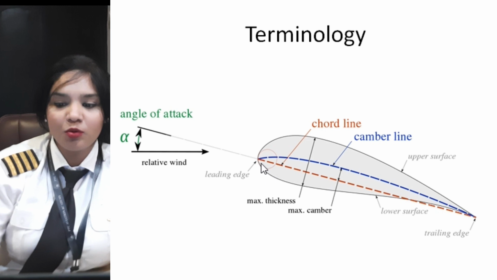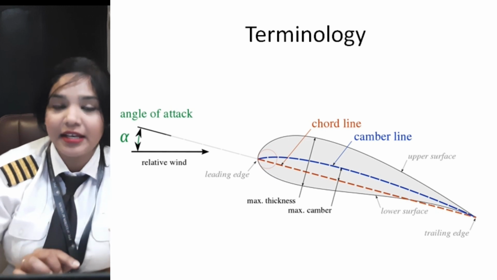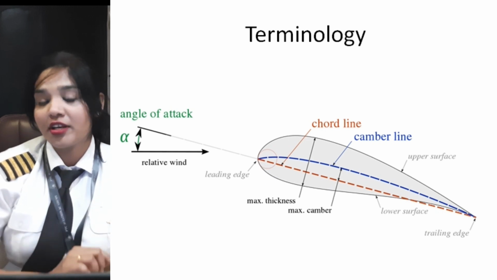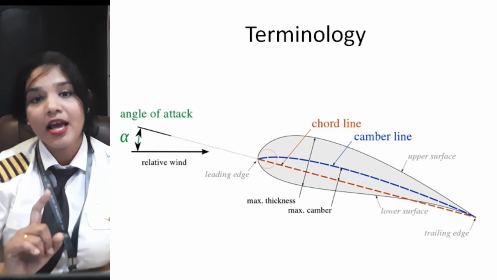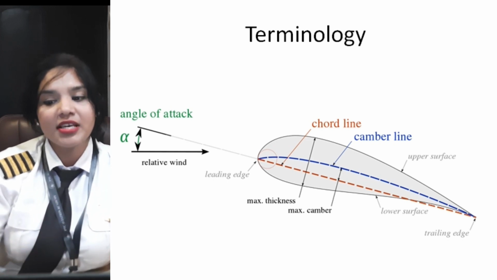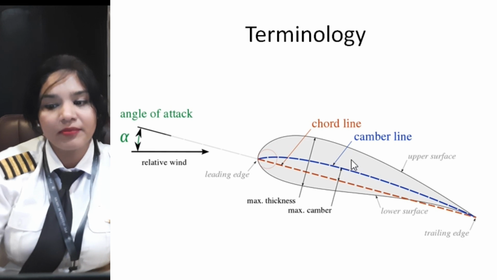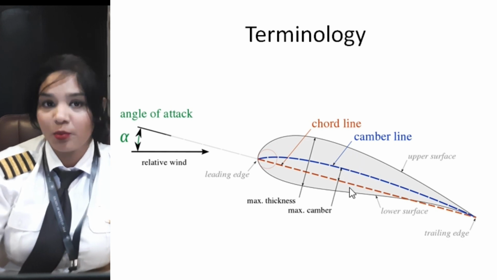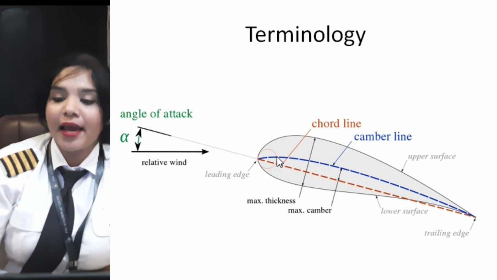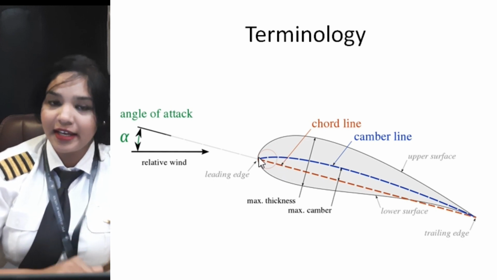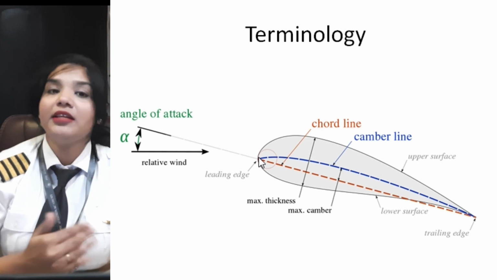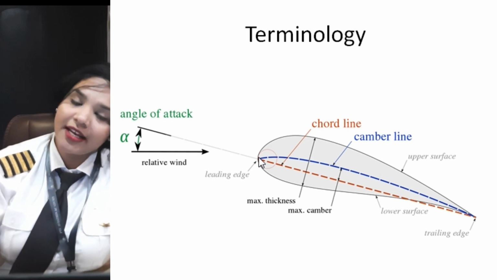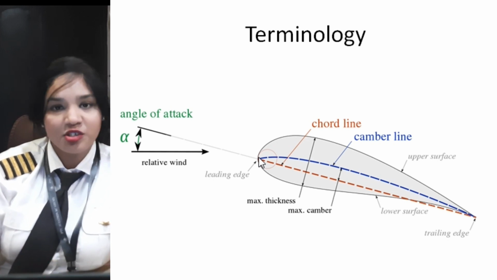But the blue color line here, which is a camber line, is also a line joining the leading and trailing edge of the aerofoil. But the camber line is distant from the upper and lower surface of the wing. So a camber line is a line joining leading and trailing edge which is equidistant from upper and lower surface, and your chord line is just a straight line joining the leading edge and trailing edge.